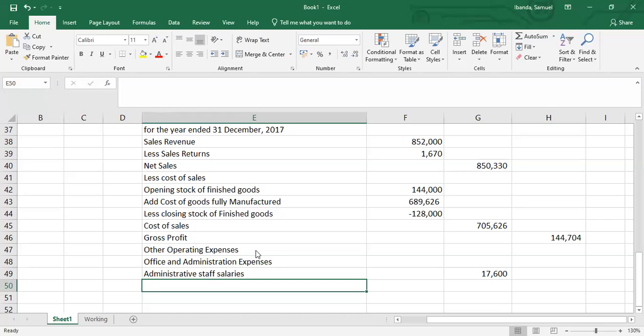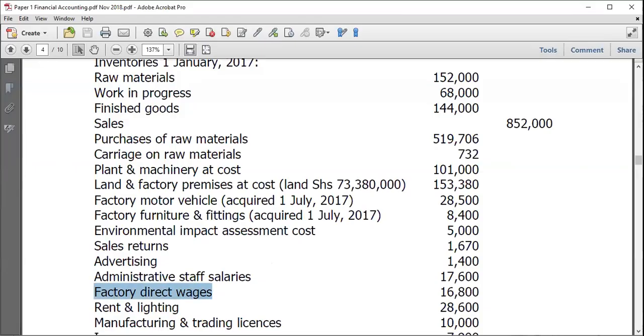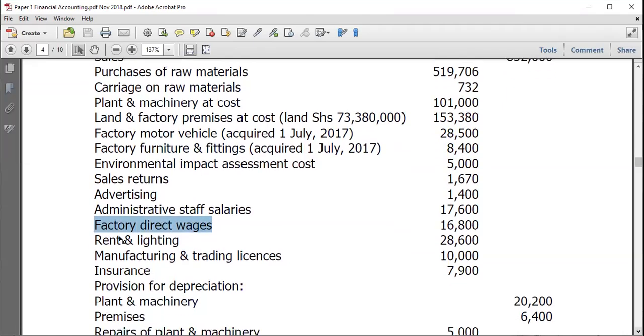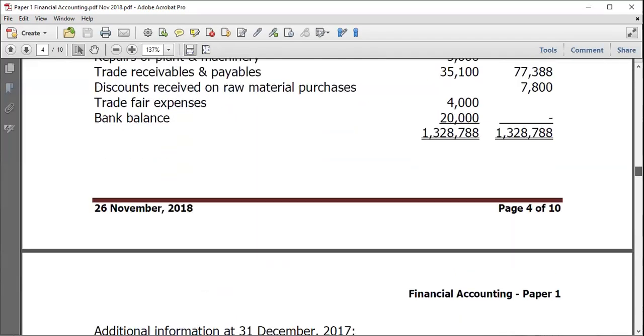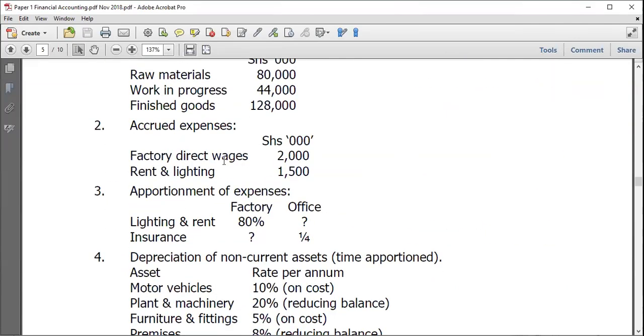Next, I'll look for any other that I have in here. These ones I've already recorded. Then we have rent and lighting. Okay, I'm going to do rent and lighting. The reason why I'm taking it is it had additional information here. You saw this where they said office has the 20%.